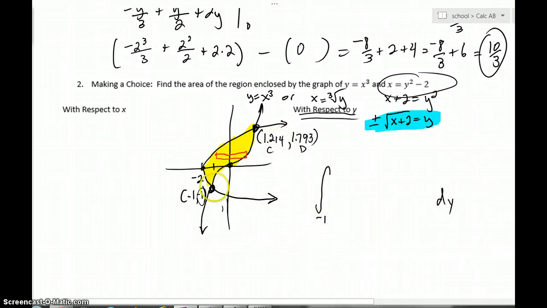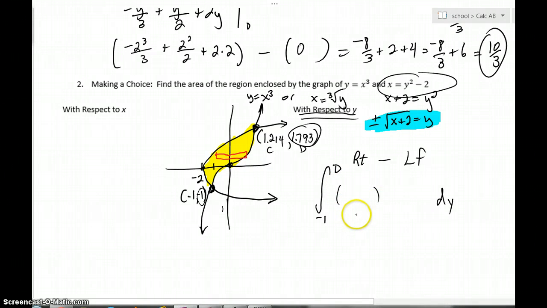Up on top, if we were to go all the way up to the very top of this curve, you'd see that the y value that we have is 1.793, but I've stored this as alpha D. Now, when we're integrating with respect to y, we're always going to have right minus left. Again, this is our newer type of integration. And of course, what we need to do is always get x equals for our functions.